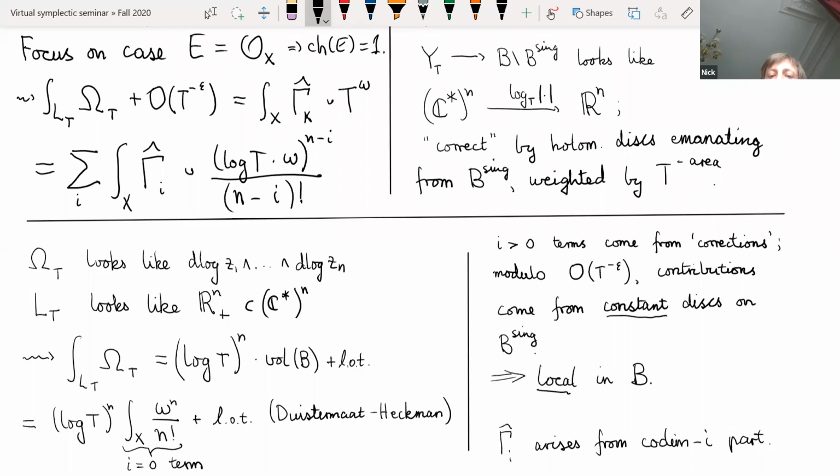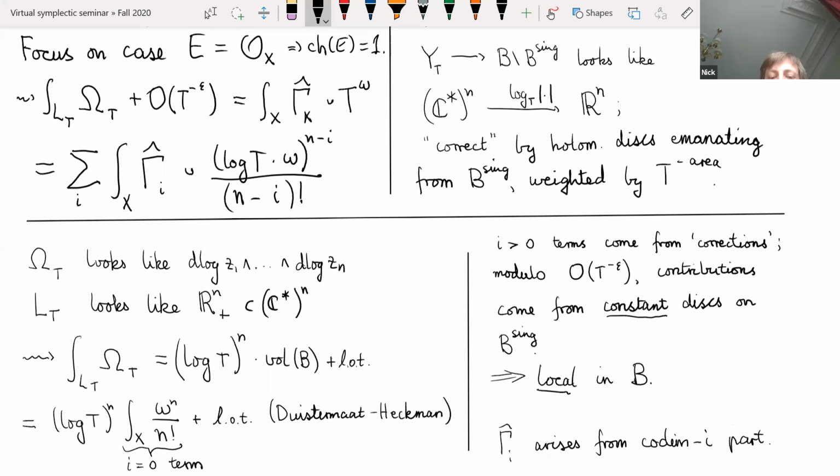And the other terms in that sum come from the corrections. Since we're working modulo negative powers of t, we don't get any contributions other than from the constant disks on the singular locus, and that's why the computation of the asymptotic behavior is local in B.